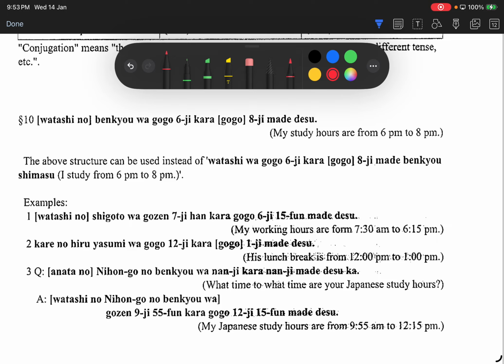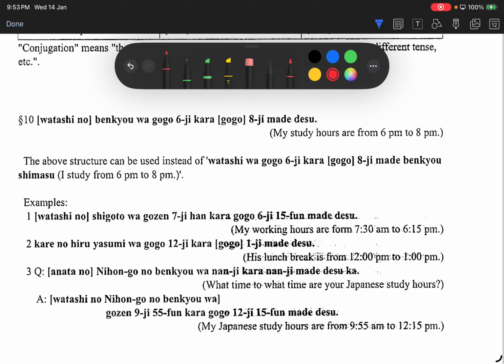Okay, so 勉強します as a verb, it means to study. Then as a noun, it means the study. Right? The study of something. It becomes a noun. So in this case, 私の勉強 simply means my study.